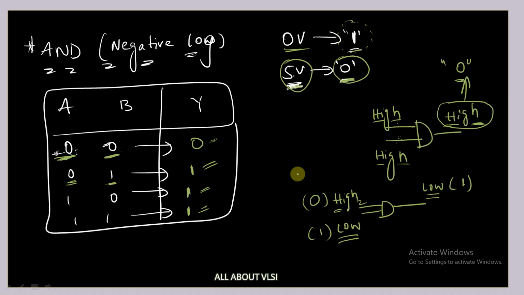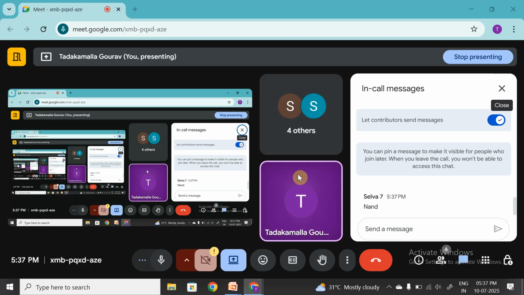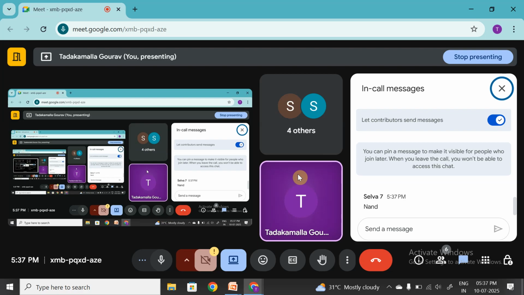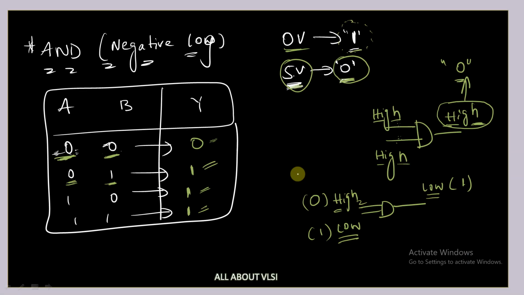See the truth table again, and can anyone tell me for which gate we will get this exact truth table? NAND gate? No, no. Exactly, OR gate.